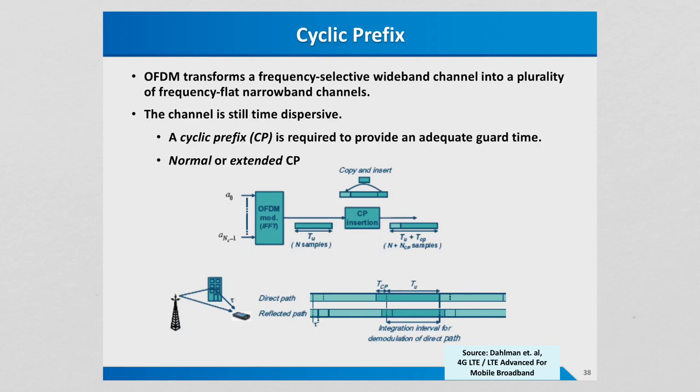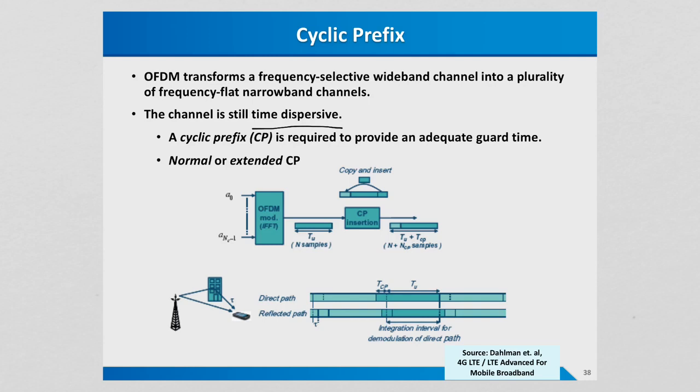Most wireless channels are characterized as being time dispersive, and really all that means is that when you stick the signal into the channel, it has a certain impulse response that tends to have some parts of the signal arrive a little bit later than other parts. It kind of smears the signal out in time.